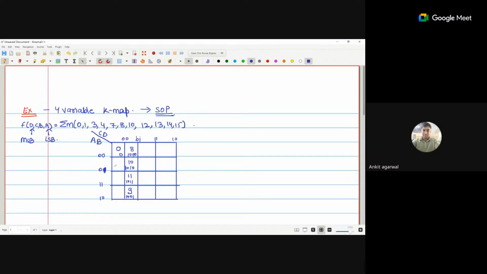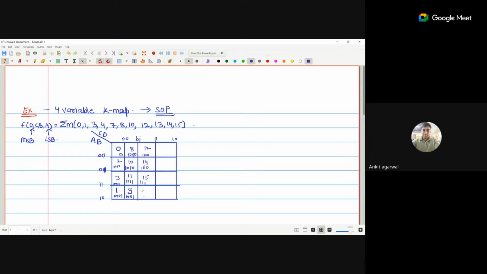Similarly for this one 0 0 1 0, 2. 0 0 1 1, 3. This one 1 1 0 0, 12. This one 1 1 1 0, 14. This one 1 1 1 1, 15.